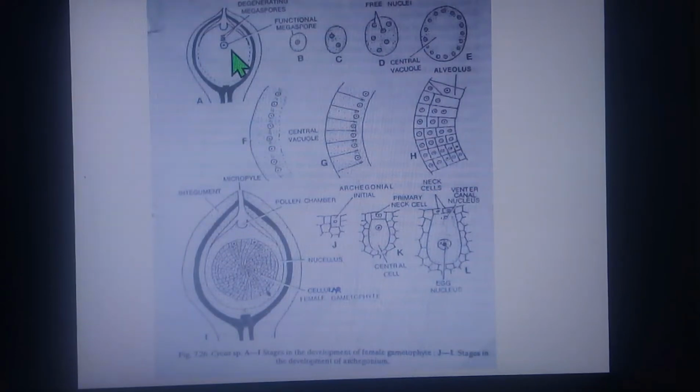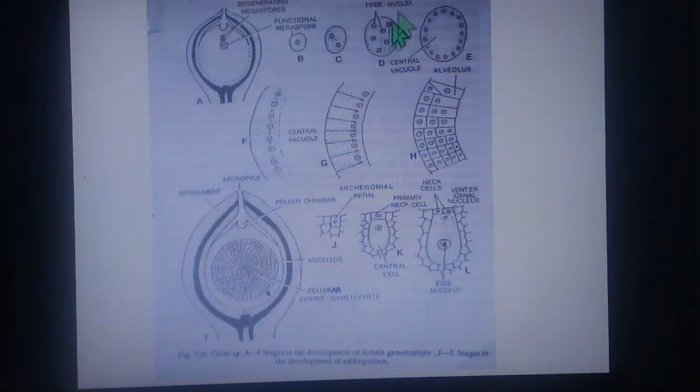So it absorbs the neighboring cells, becomes enlarged in size, is surrounded by a tough membrane, and the nucleus divides by free nuclear division, forming numerous free nuclei. We can see here it starts to divide and divide, forming many free nuclei. Now these free nuclei are distributed in the cytoplasm.